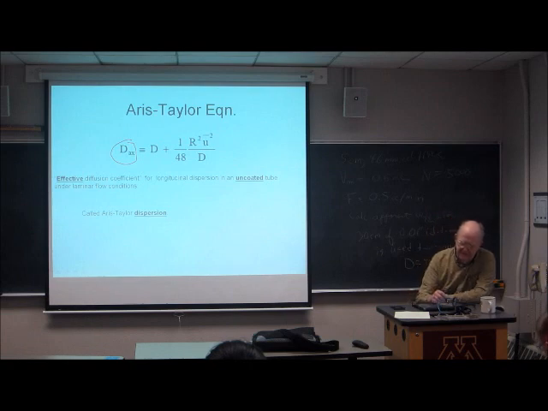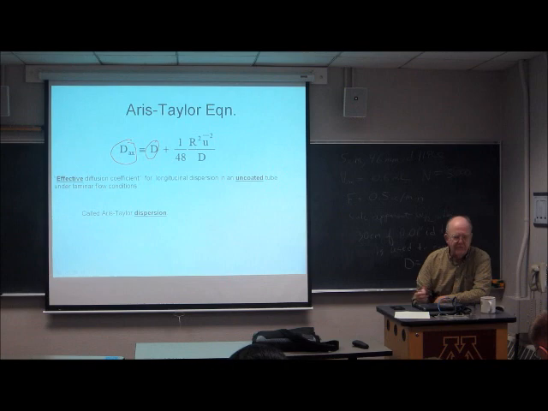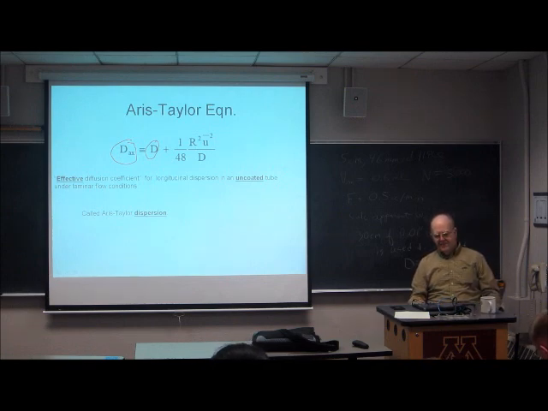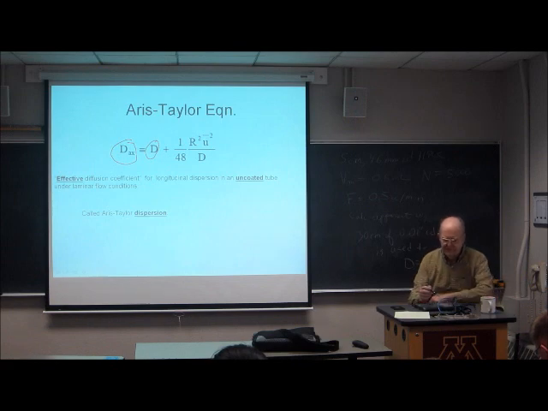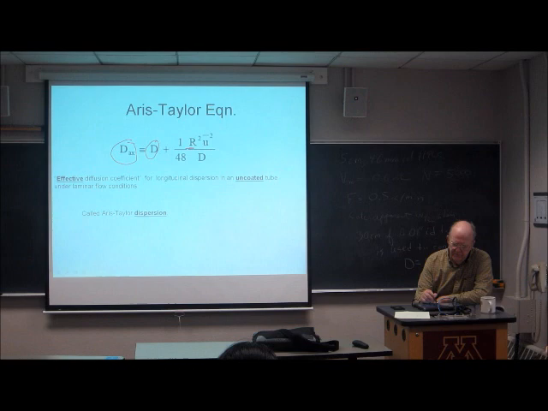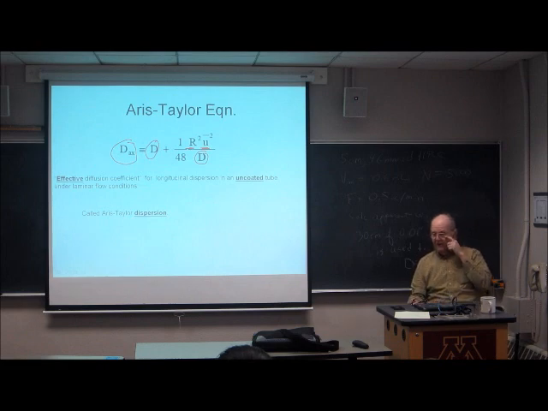And you can see that the dispersion coefficient is equal to the good old molecular diffusion coefficient plus a very important term which depends on the radius of the open tube, the average velocity in the open tube, and inversely on the diffusion coefficient again.